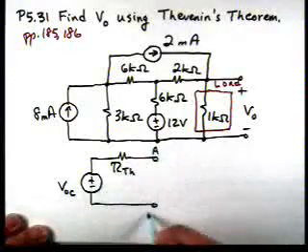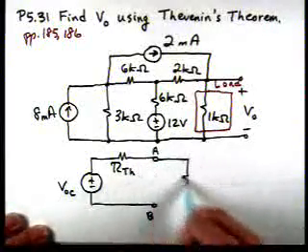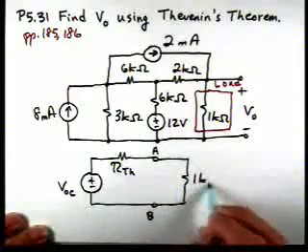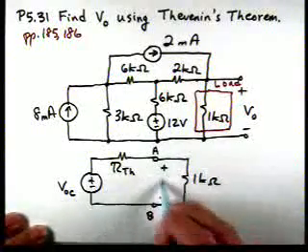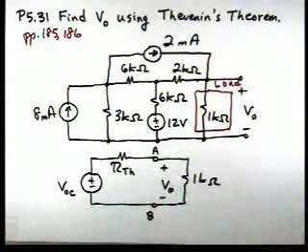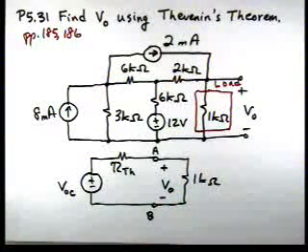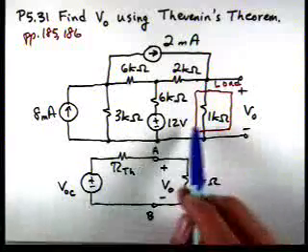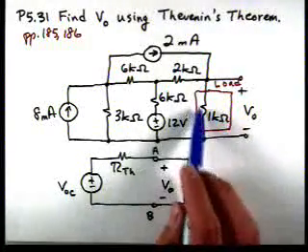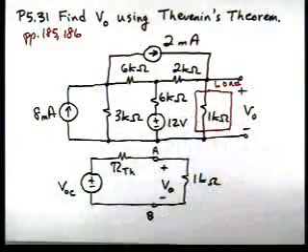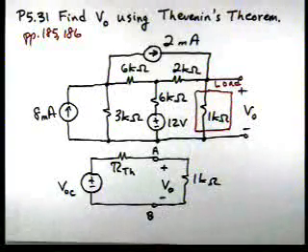We'll label these terminals A and B. Then we're going to hook our load 1 kilo ohm up to that circuit and find our voltage V0. So our task is to find the Thevenin equivalent for all those elements outside the red box, and we need to find V open circuit in our Thevenin.